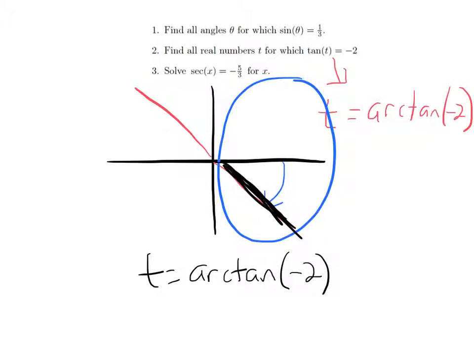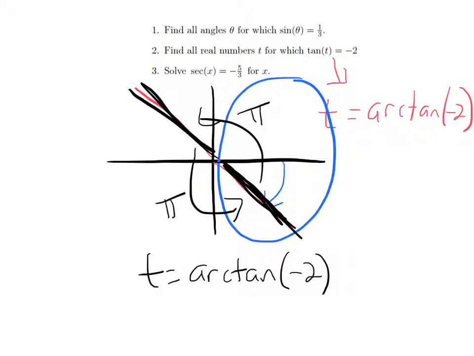We could add 2k pi, or we can add just a pi to get up to this one, and then another pi to get back to this one, and over and over and over. We can just add k pi and take care of both of these solutions all at once. So again, your calculator will only give you one value, and you need to make sure to know how to work with these reference angles and quadrants to generate all of your solutions.